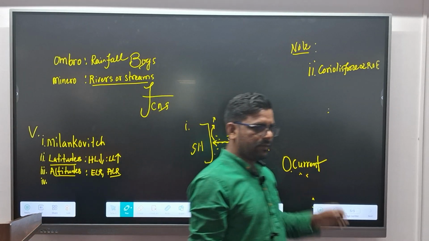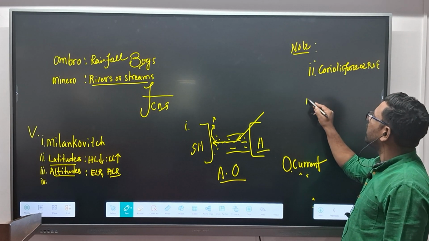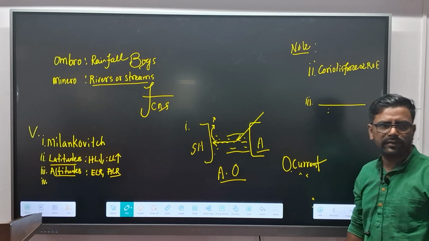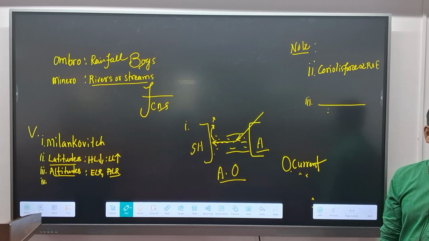Getting my point? And as I already told you, the centripetal force of Earth is more at the equator, and again the centrifugal force is also more, action and reaction.